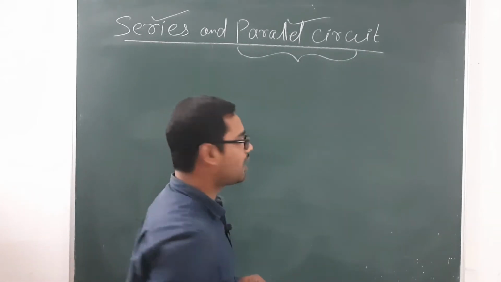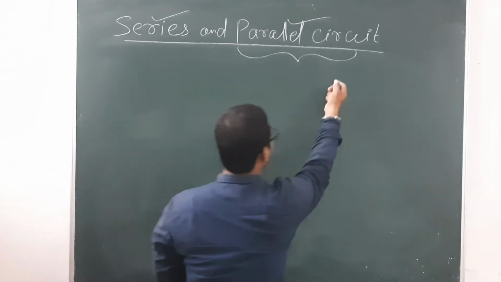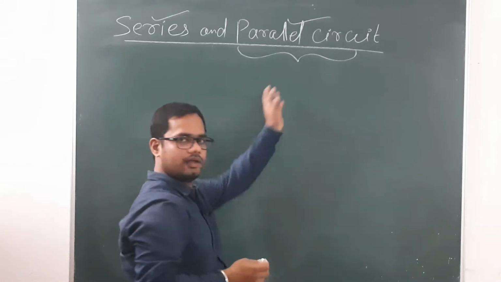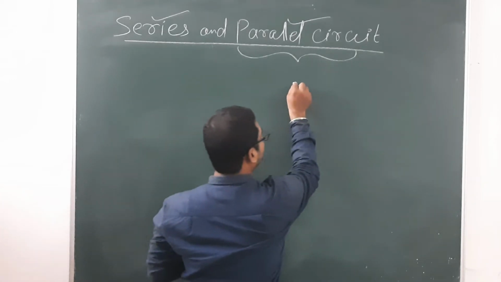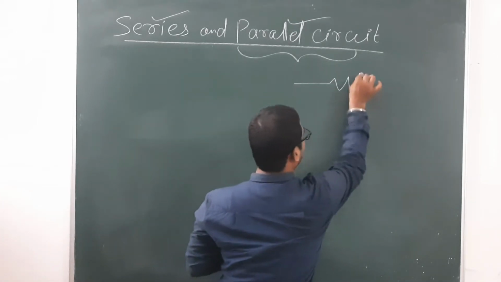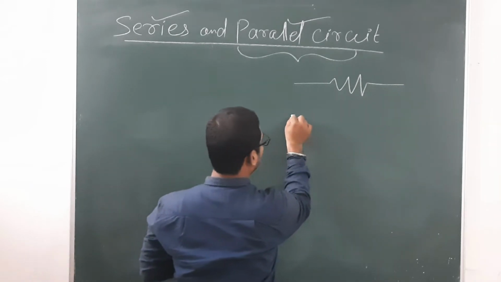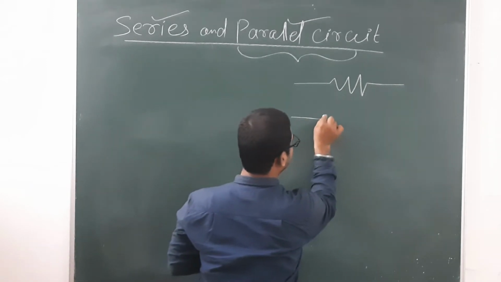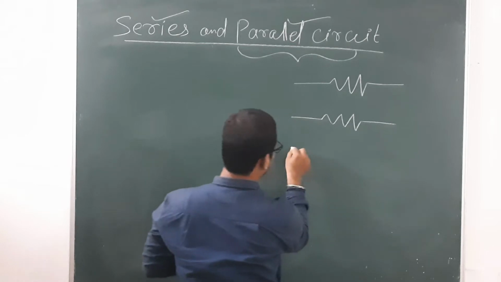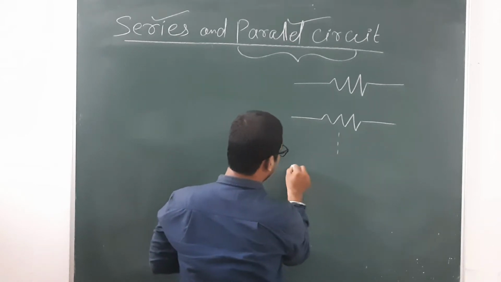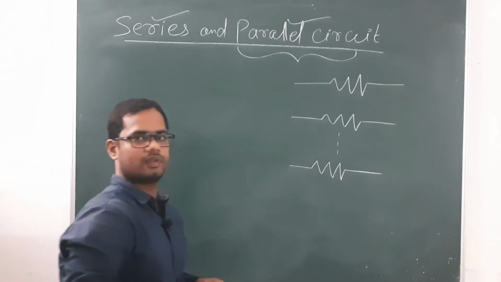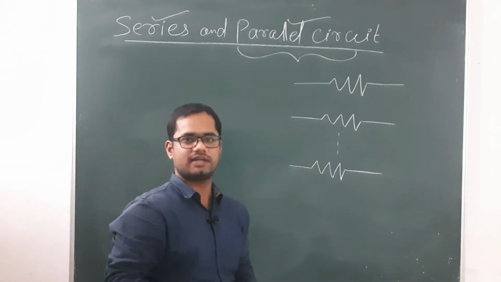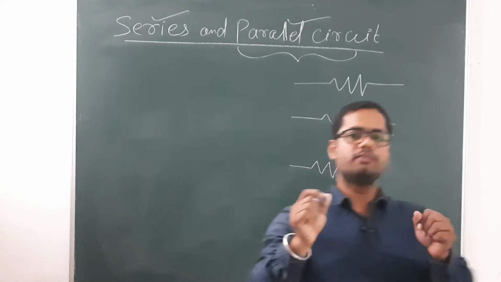So how to make the parallel? Look here. If I am having a number of resistances, I draw the resistance like that. In a similar manner, I have n number of resistances and I want to make the resistances parallel.